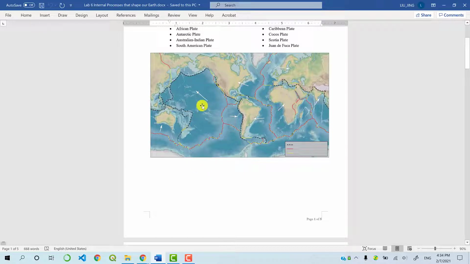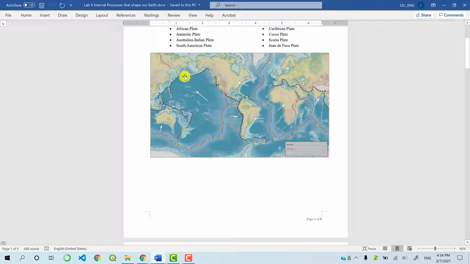It's all volcanic. And you have earthquakes from this direction going deeper and deeper and deeper. I blanked out the name of this ocean.